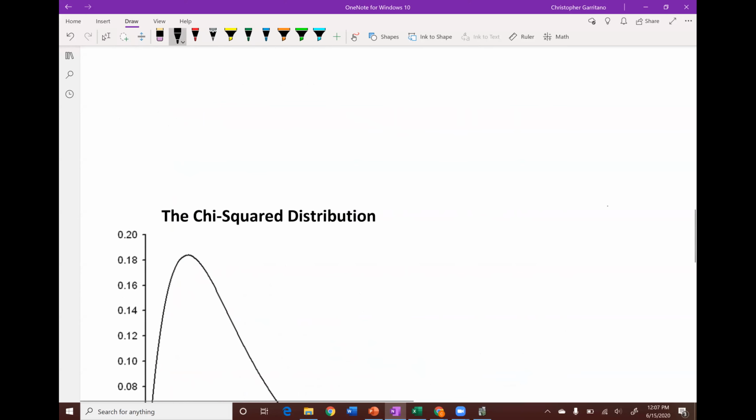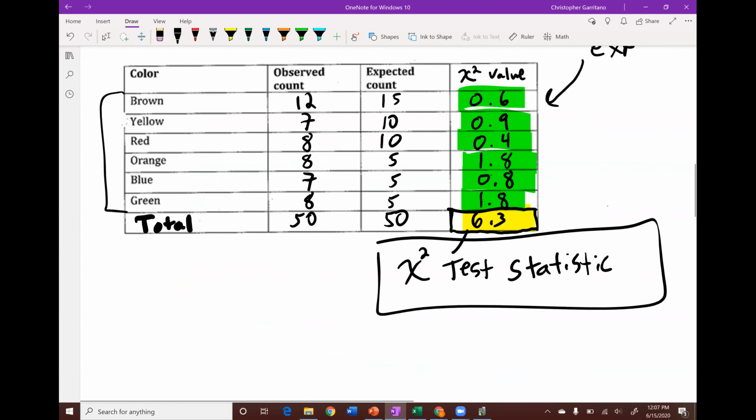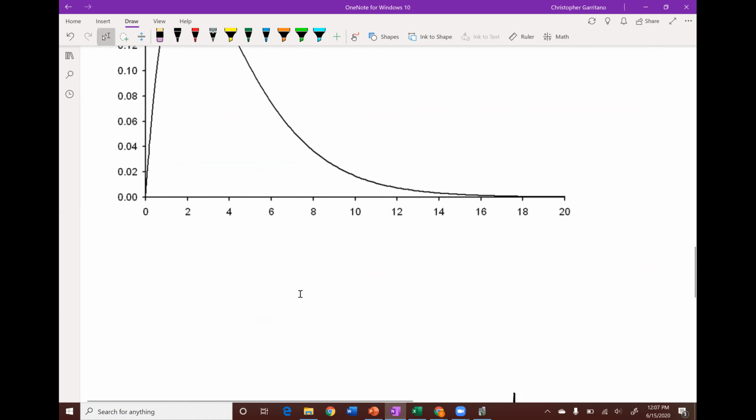In our example, there are 1, 2, 3, 4, 5, 6 possible values that the variable of color can take on. And so in our example, degrees of freedom will be 5, which is, of course, 6 minus 1.